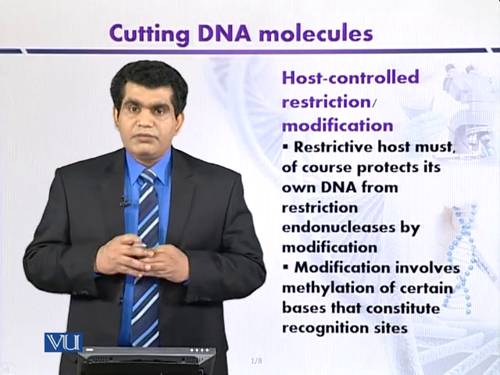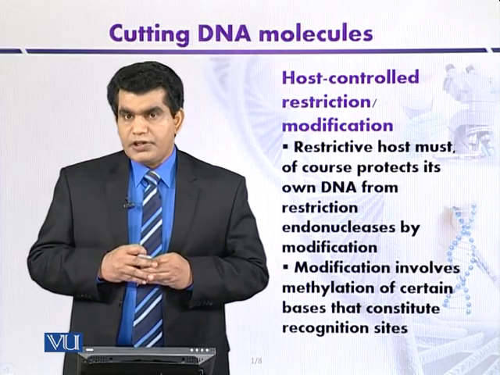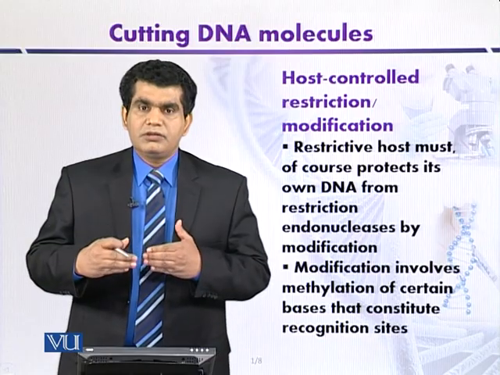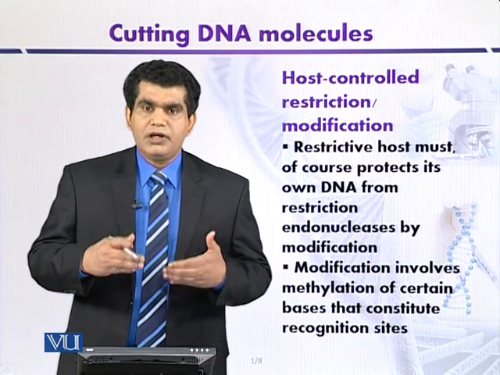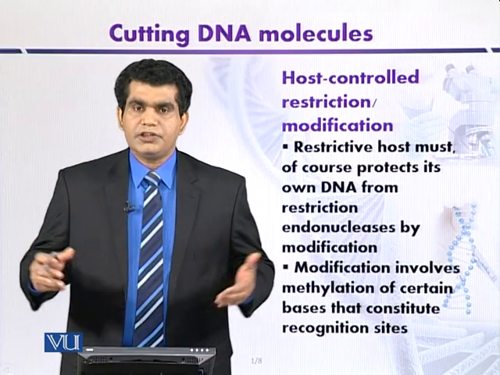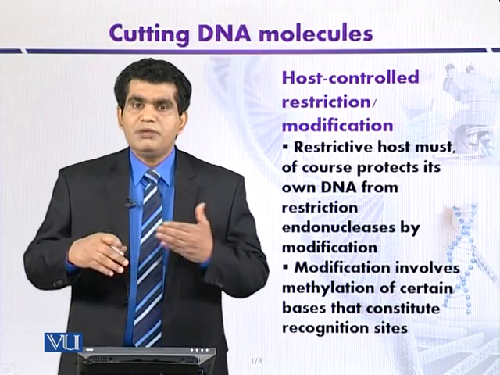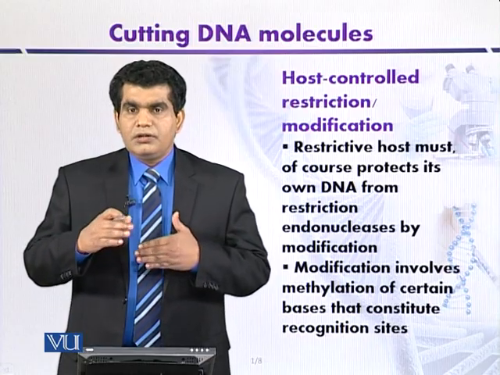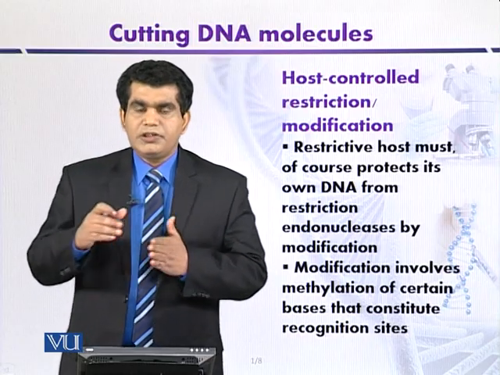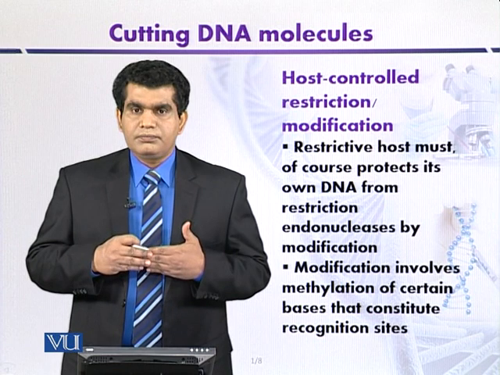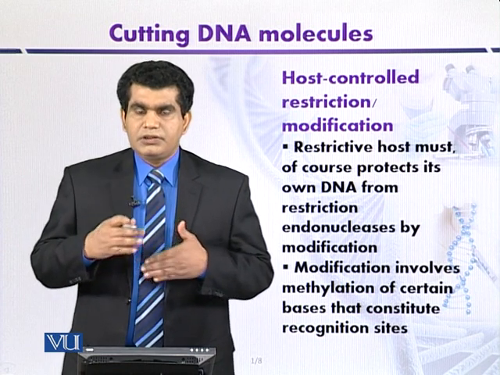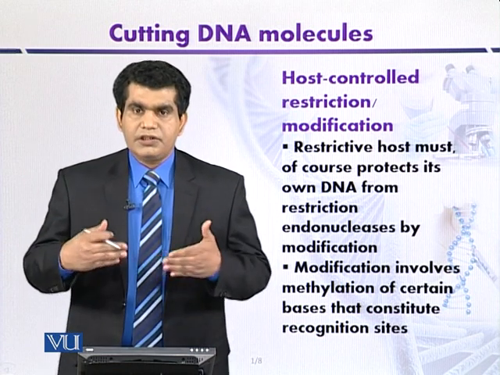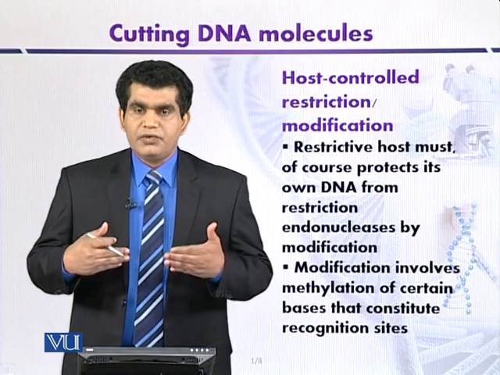So this is one example of restriction and modification, explained with reference to bacteriophage lambda and a host bacterium. There may be other examples as well, where DNA transfer from bacteria to bacteria can also be restricted, and just for the sake of convenience we have taken this example of bacteriophage lambda.